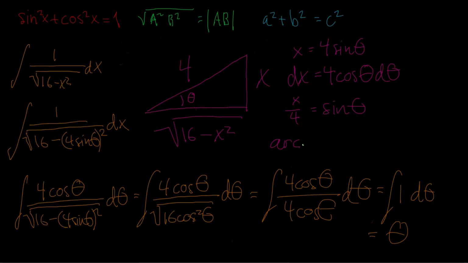So the arc sine of x over 4 is going to equal theta. Now we can sub in arc sine of x over 4 for our theta, and we get that our final integral is just going to be arc sine of x over 4 plus c.